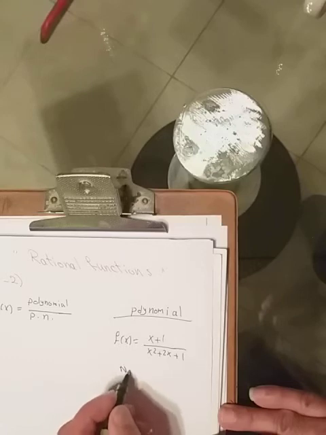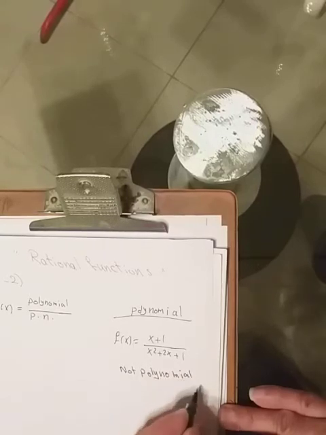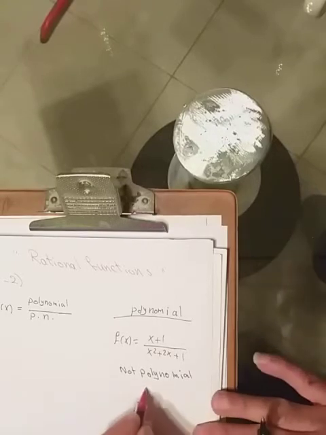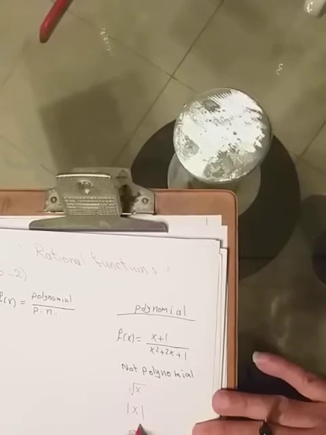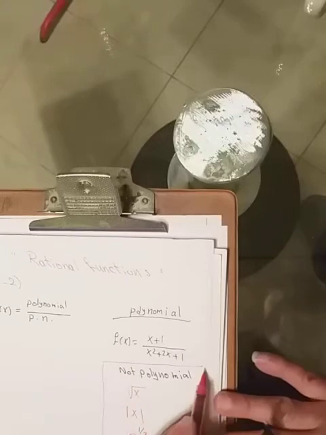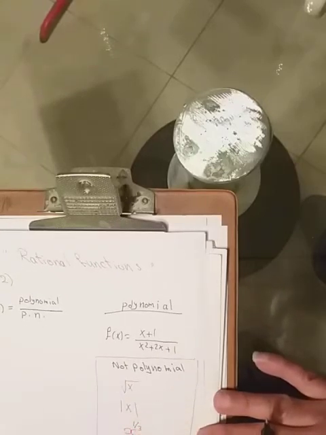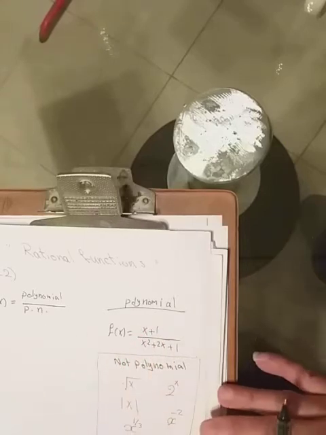Examples of what is not a polynomial: if you have radical x, absolute x, x to the power of a fraction like x to the power 1 over 3, this is not a polynomial. Also 2 to the power x is not a polynomial, and x to the power minus 2 is not a polynomial.